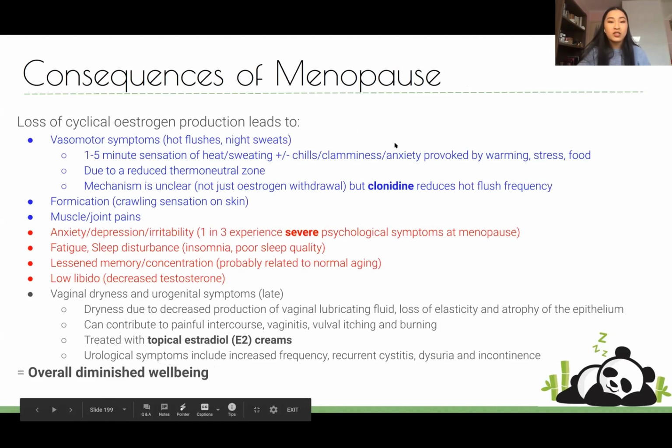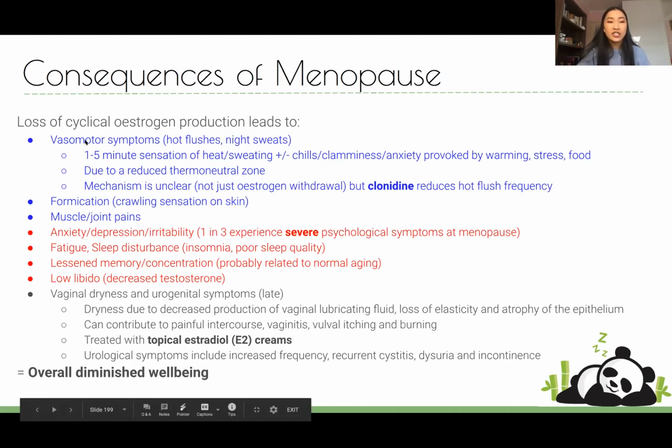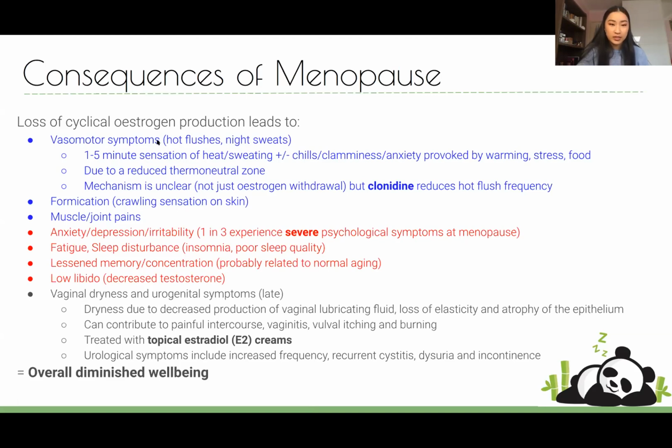Okay, consequences of menopause. This is pretty important, but also it's fairly common sense. I'm sure a lot of people know some of the common signs of menopause. I've kind of grouped it into sensory things, vaguely psychological and cognitive things, and then your late symptoms. So the sensory stuff, vasomotor symptoms, are your hot flushes and your night sweats.